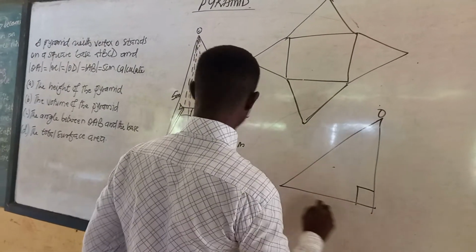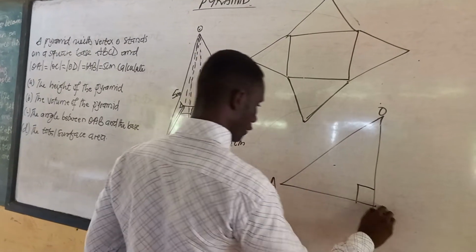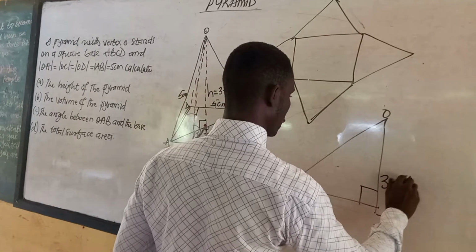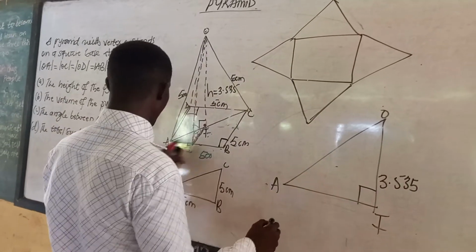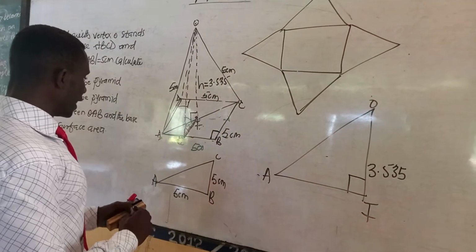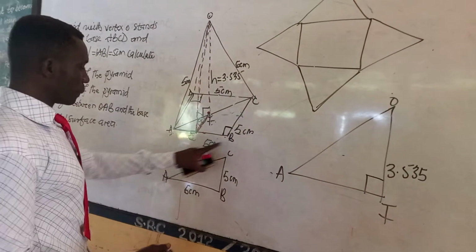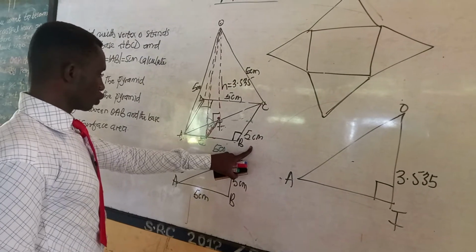Triangle OAF, with the height being 3.535. With AF, we calculated AF: 5 squared plus 5 squared, which is 50.